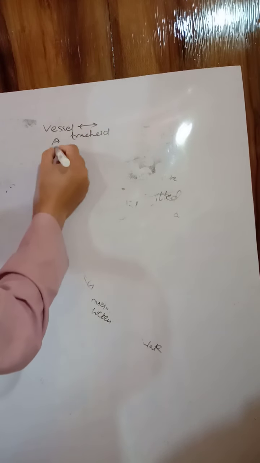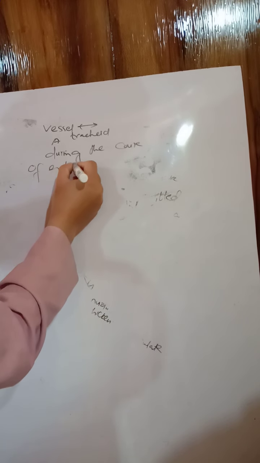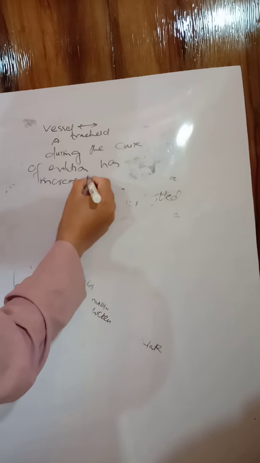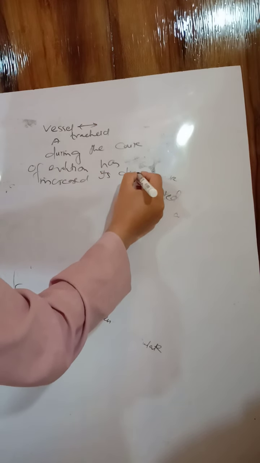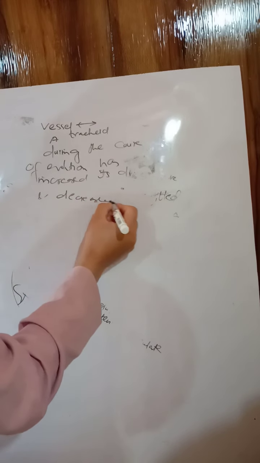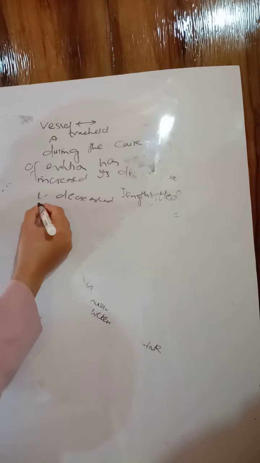Now, the second constituent is vessel. A tracheid, during the course of evolution, has increased its diameter and decreased its length so as to form a vessel.